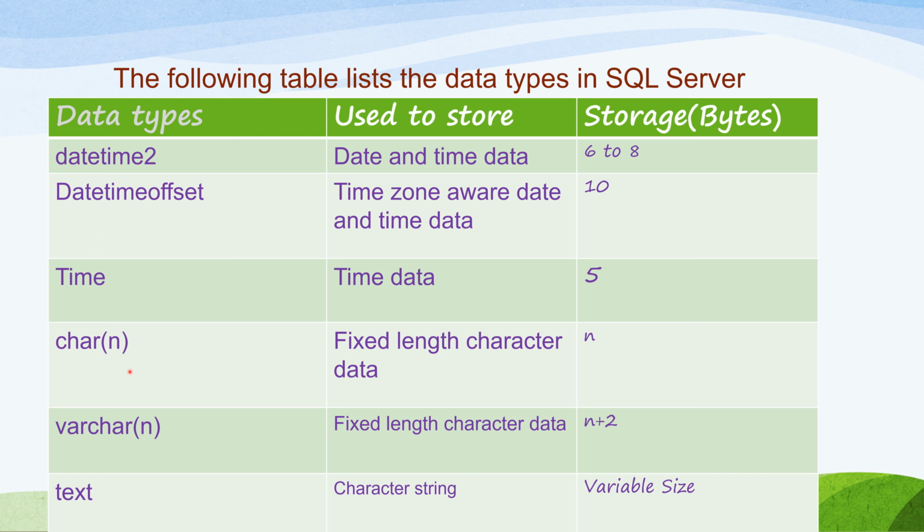This one is the char data type. It is used for fixed length character data, and its storage is n bytes. This one is the varchar data type. It is used for variable length character data, and its storage is n plus 2 bytes. And this one is the text data type. It is used to store character strings, and its storage is variable size.